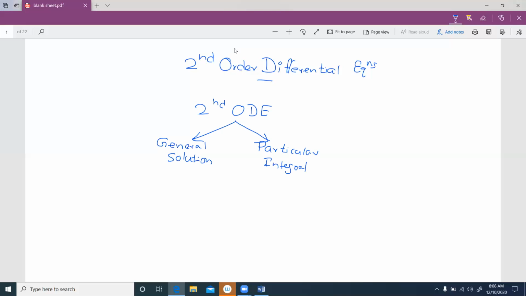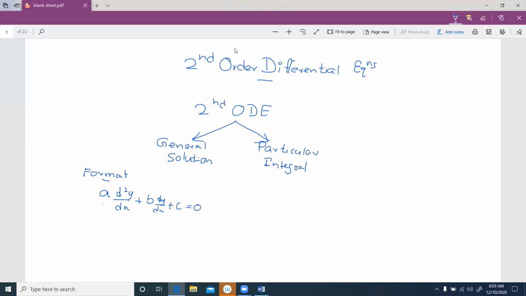Basically, the format of a differential equation is just like this: a, some constant, times d squared y by dx squared, plus b dy by dx, plus c is equal to 0.